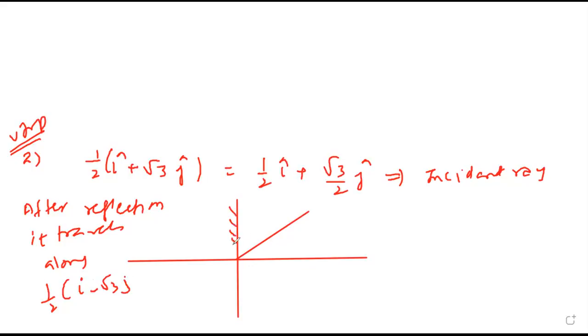That means if this is the mirror, this is half i because positive i and positive j. And after reflection, x is positive, y is negative. Correct? So it moves like this. This is incident, this is reflected. Okay.